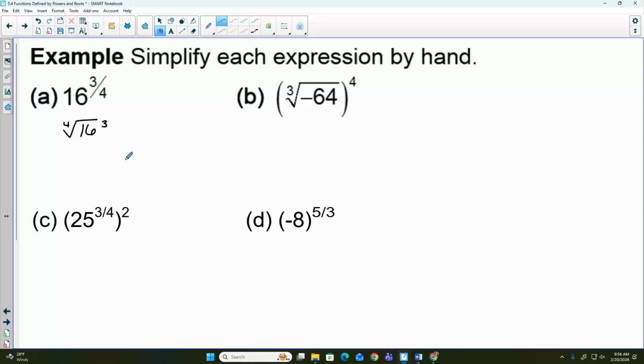Okay. You can do either the third power or the fourth root first. I think it's probably easier just to do the fourth root. What is the fourth root of 16? 2. So 2 to the third power is 2 times 2 times 2, 8.